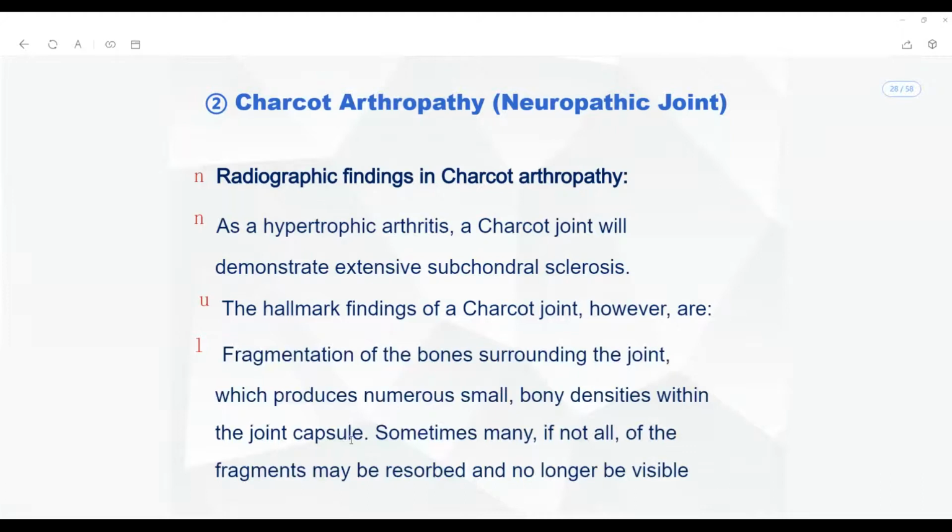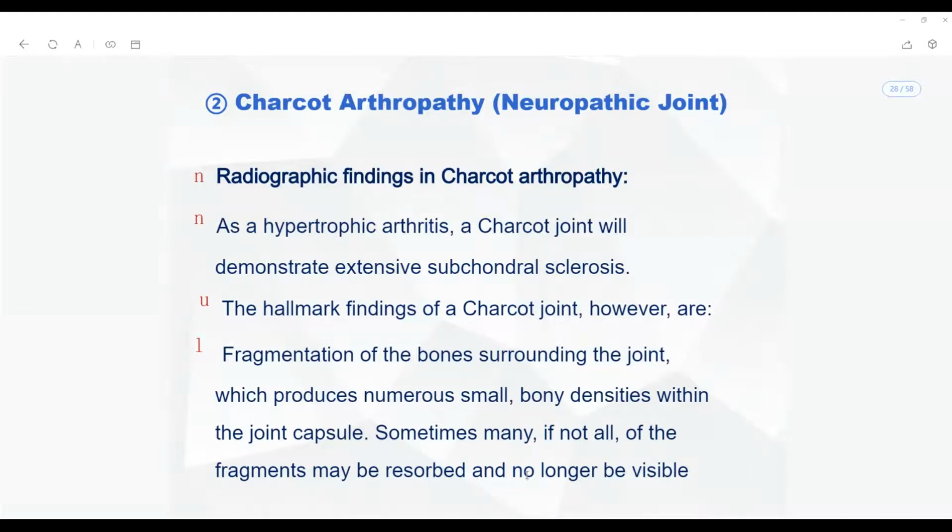I will remember. Okay, small bony densities that are actually formed within the joint capsule. You can see that there are increased densities present along the joint capsule, and they are fragments that may not be reabsorbed and sometimes may not be visible.